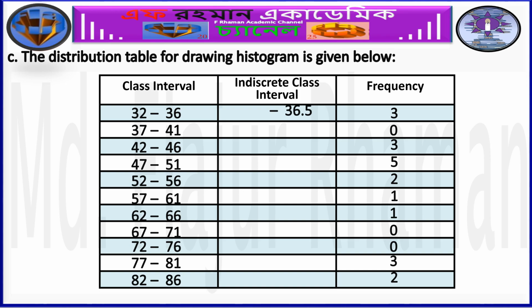In case of indiscrete class intervals, the upper limit of the first class interval and the lower limit of the second class interval will be the same. It is the average of 36 and 37, which is 36.5.